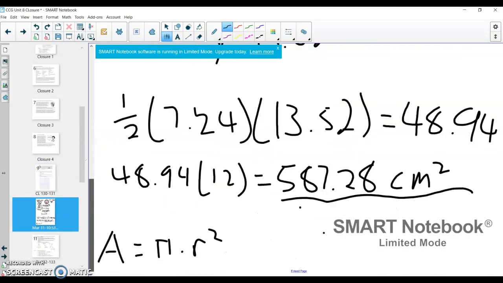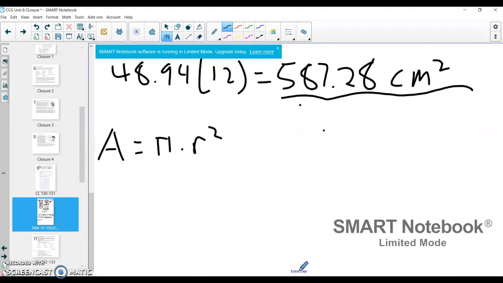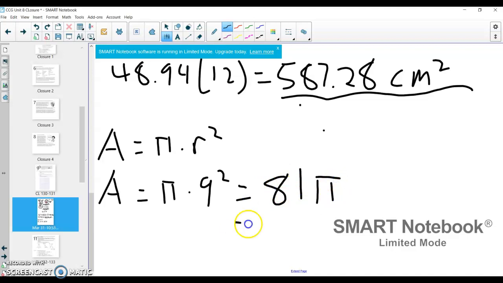So now I can just plug in, and I get the area of that circle is equal to pi times 9 squared, which equals 81 pi, which, let's put that into decimal form. 81 times pi gives me 254.47 centimeters squared.